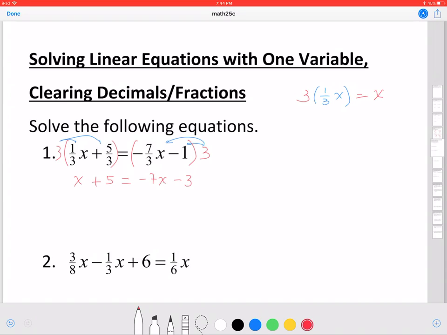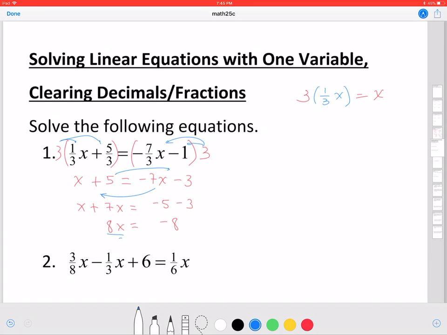And as you can see now, the equation is so much cleaner than what we had before. All we have to do is pull the x's together and end up with x plus 7x is equal to negative 5 minus 3. And we have 8x is equal to negative 8.